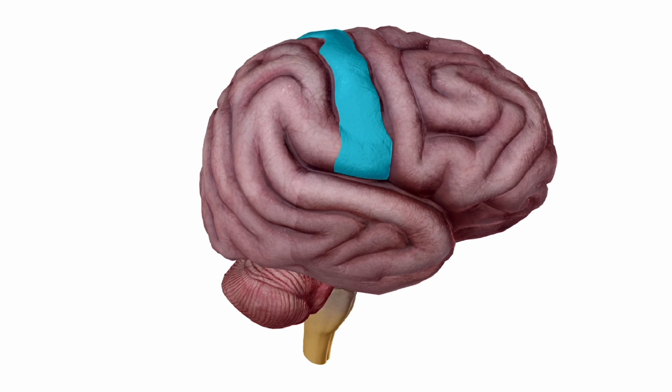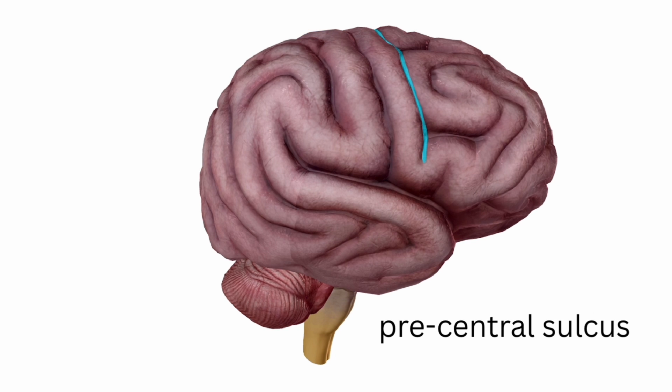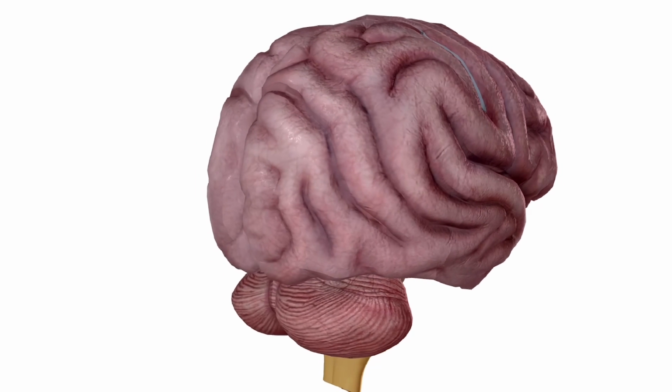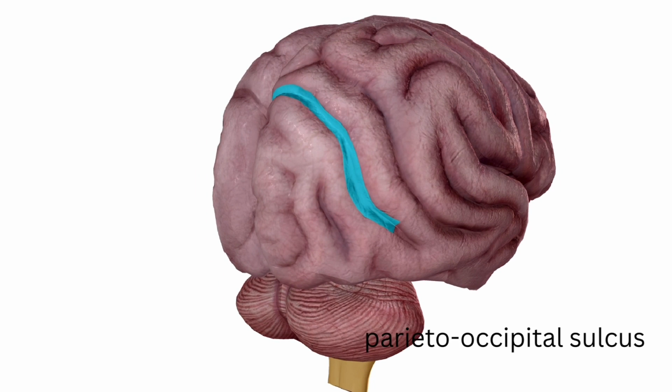Immediately anterior to the precentral gyrus is the precentral sulcus, and immediately posterior to the postcentral gyrus is the postcentral sulcus. The parieto-occipital sulcus separates the parietal and occipital lobes.